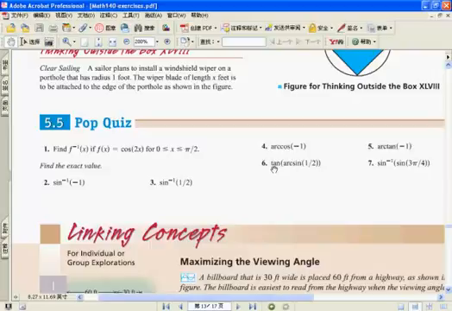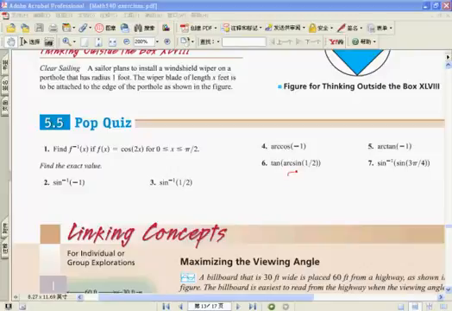Tangent of pi over 6. Root 3 over 3. So inside is equal to pi over 6, so tangent of pi over 6 is equal to root 3 over 3. Okay.